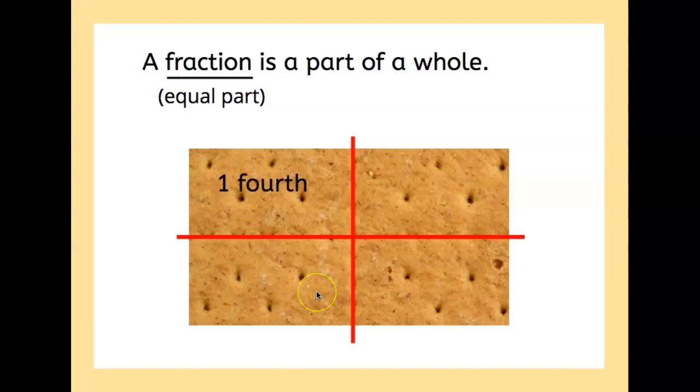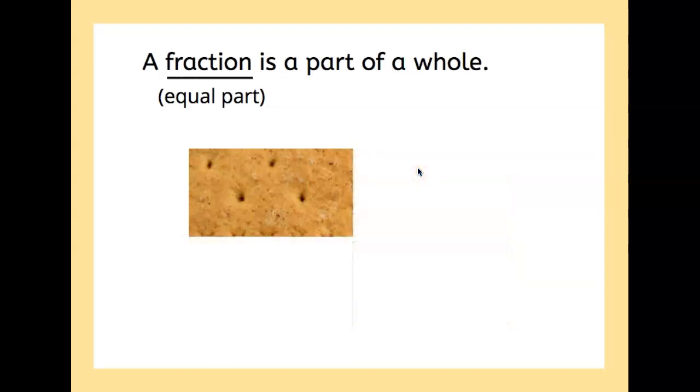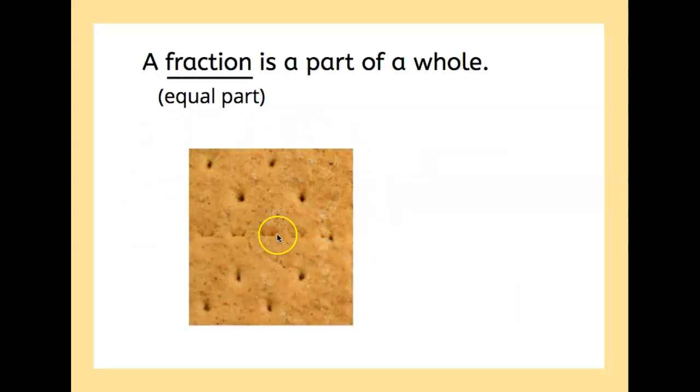So that's a fourth, and that's also a fourth. So this one piece is called 1/4. Then how many fourths do we have now? Well, if this is a fourth and that's also a fourth, then we have 2/4 total.